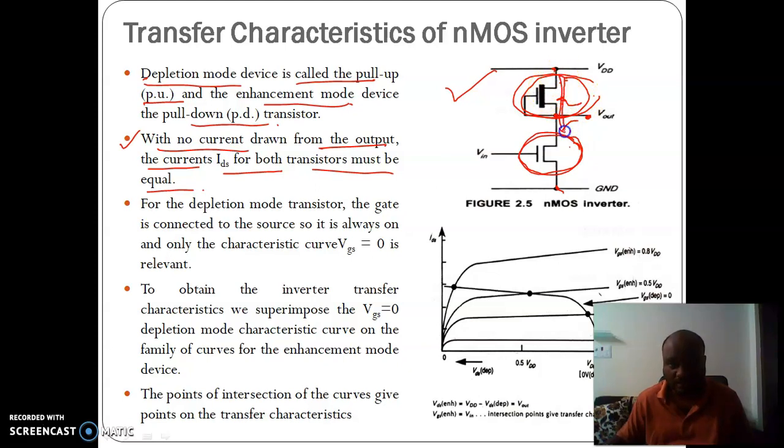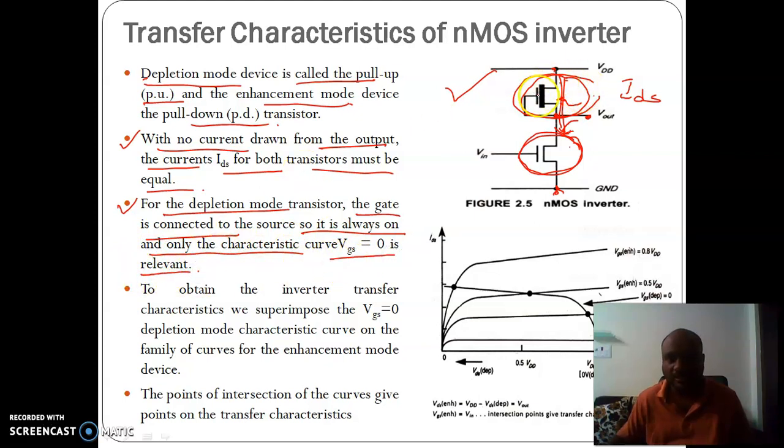In that case, the current flowing from supply to the ground between these two transistors must be the same, which I am calling IDS. For the depletion mode transistor, the gate is connected to the source, so it is always on, and only the characteristic curve VGS equal to 0 is relevant.